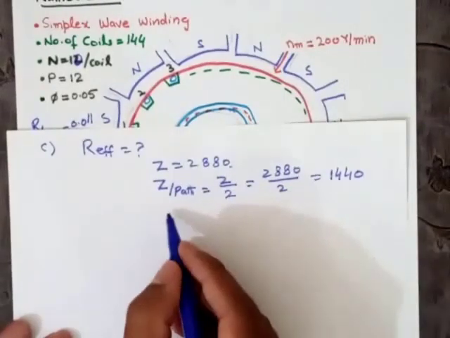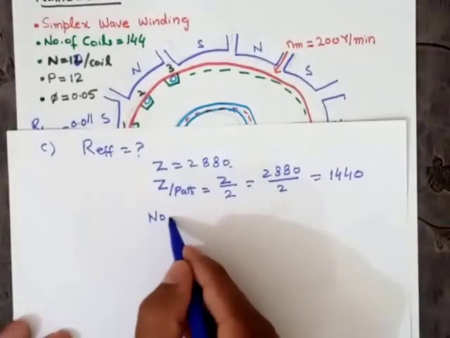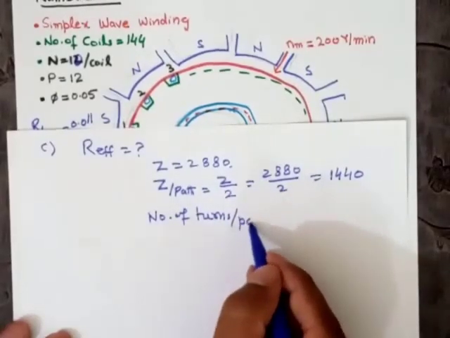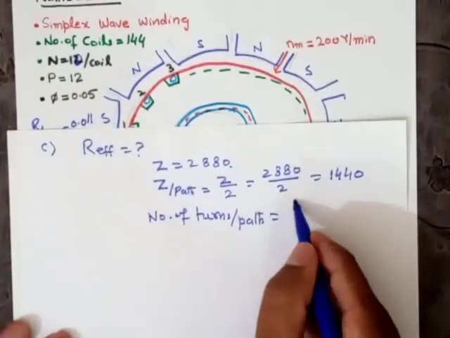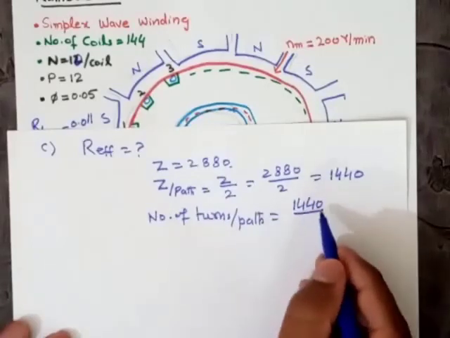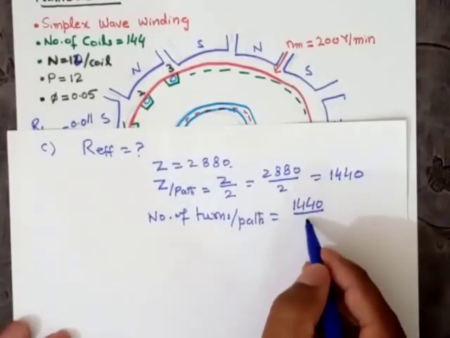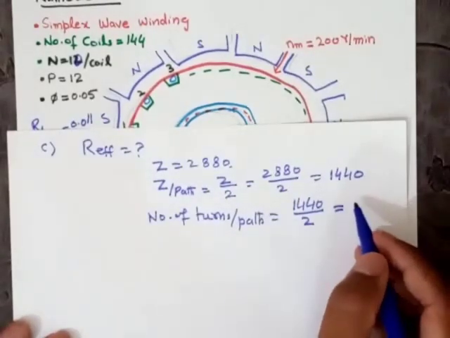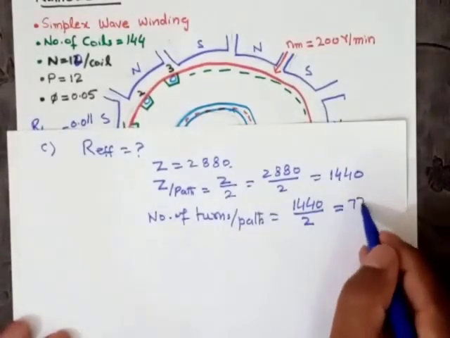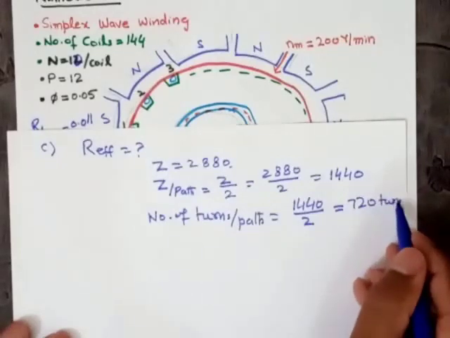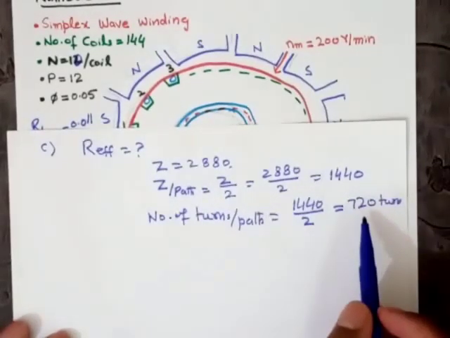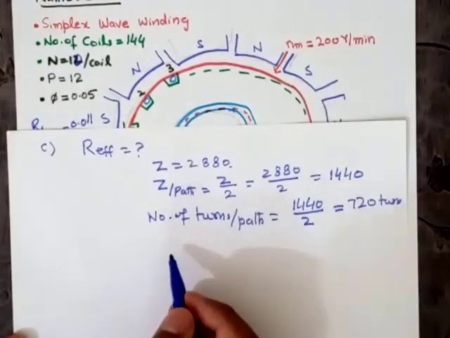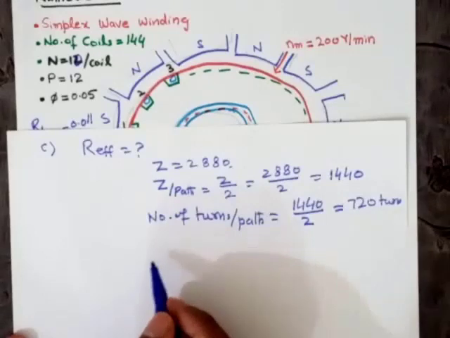The number of turns per path will be 1440 divided by 2, which is equal to 720 turns. These are the turns across a single path. The resistance of a single turn is given here.